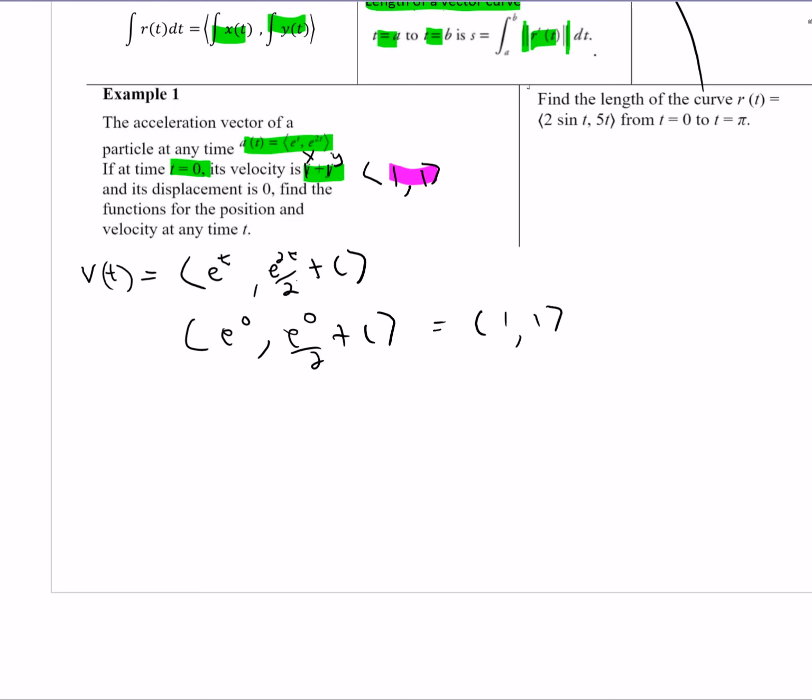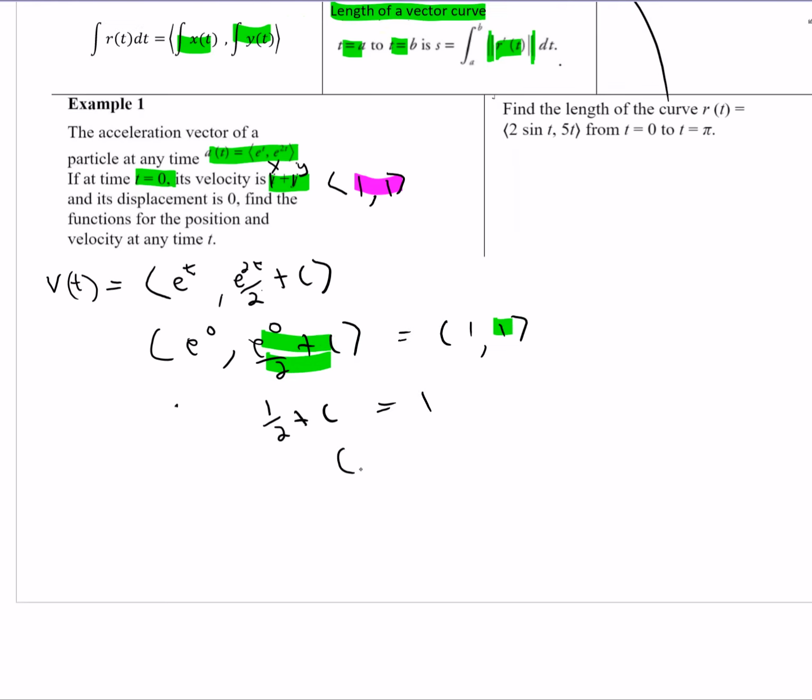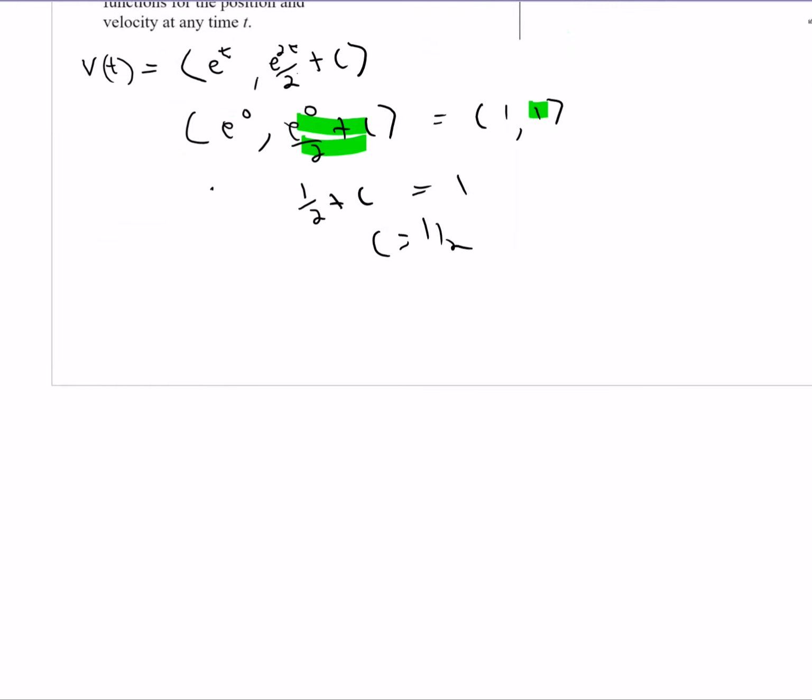So, the x piece is fine. The y piece, we need to figure out what c is, right? So basically this is 1/2 plus c needs to equal 1, right? Like this needs to equal this. So what is c? C is 1/2, right? So that tells us that c is 1/2, and so our velocity vector is e to the t, comma, e to the 2t over 2 plus 1/2. Right, that's our velocity vector.